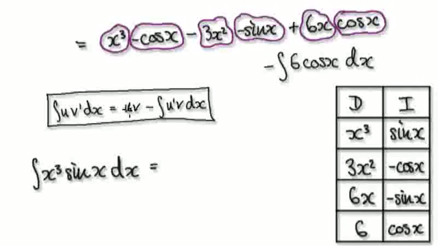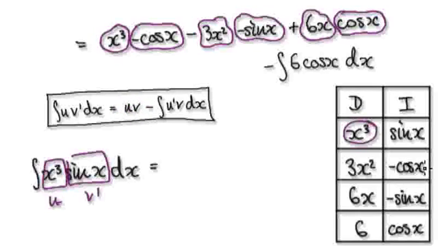From here, the first step would be u times v, because remember this here is v prime, and then here it will be your v. If you let this be your u and this be your v prime, then if you follow the formula up here, it's saying that if you want to integrate this, then just get u times v.